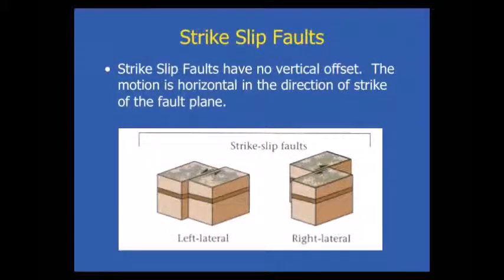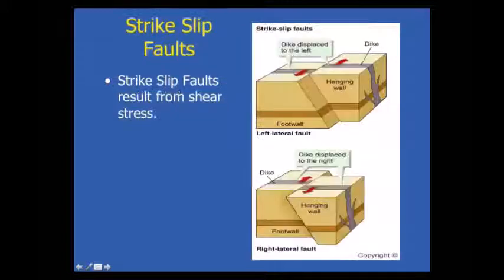And then we have strike-slip faults. There's no vertical offset, so to recognize them, we have to see a displacement from above in order to recognize that strike-slip faulting has happened. There are two directions to strike-slip faulting. It can be left lateral or right lateral.